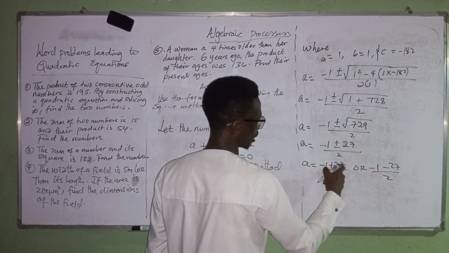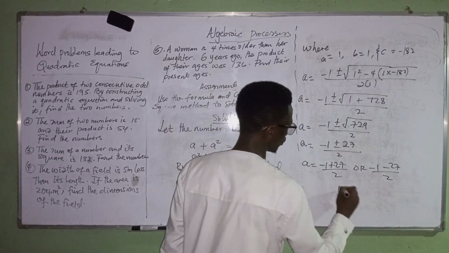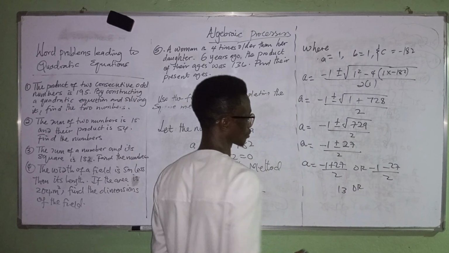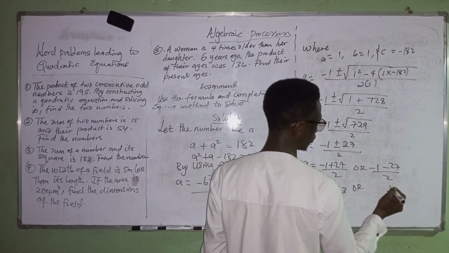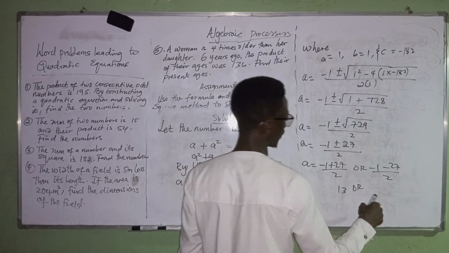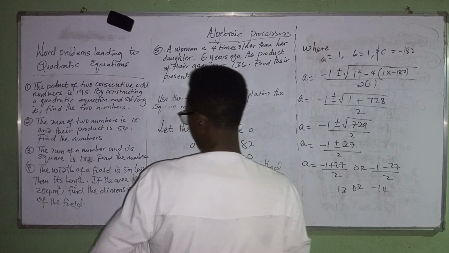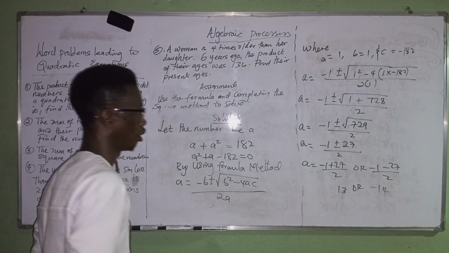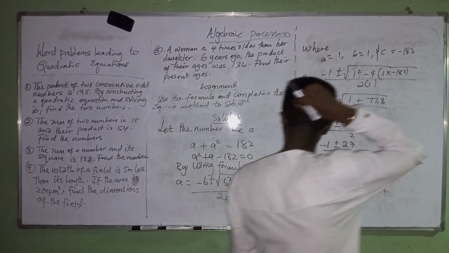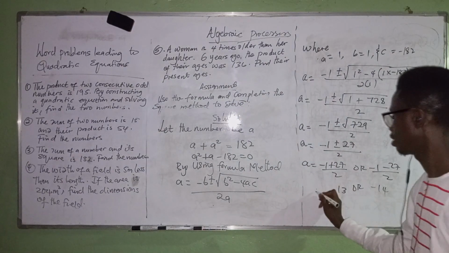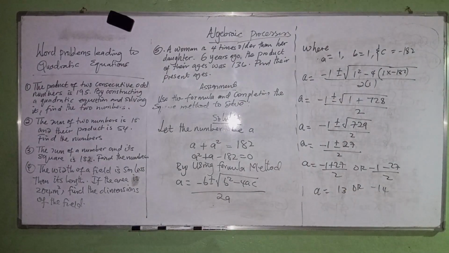So this gives you 26, divide that, gives you 13, or this gives you minus 28, divide that, gives you minus 14. Now we have to go back to the question and see which one is correct. So we say the A can either be positive 13 or minus 14.